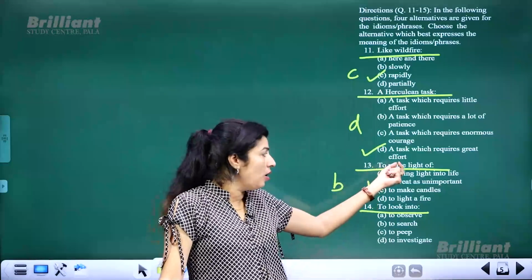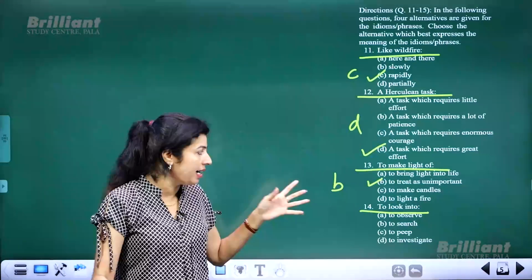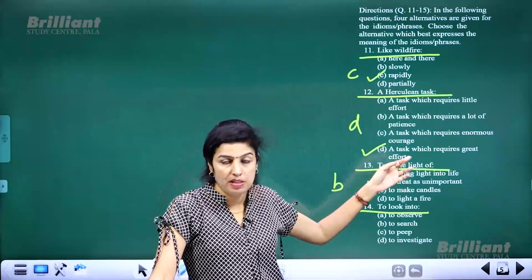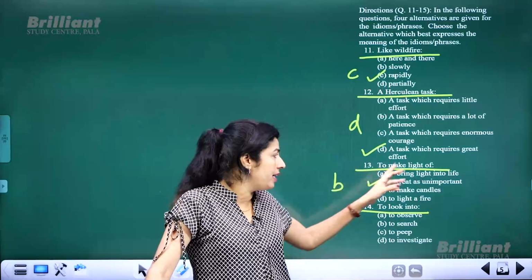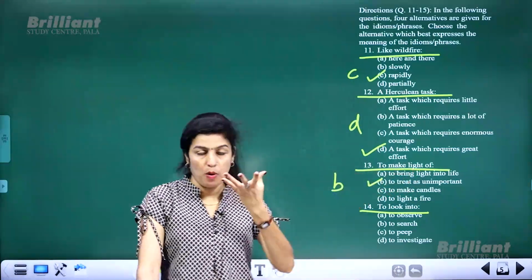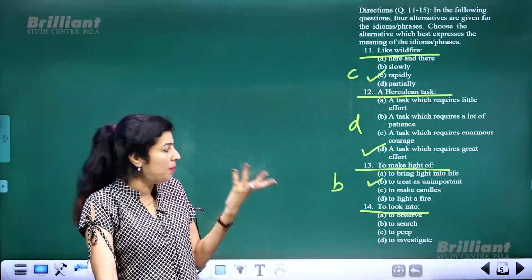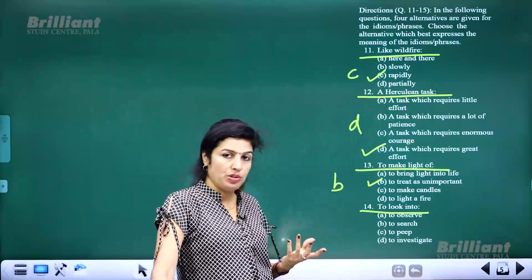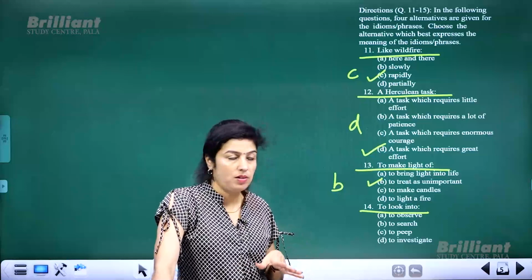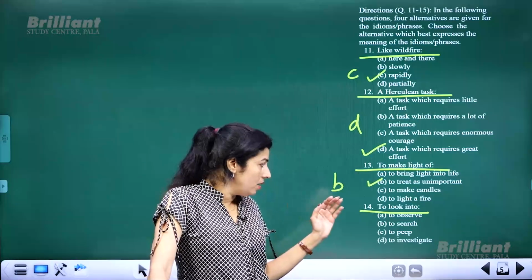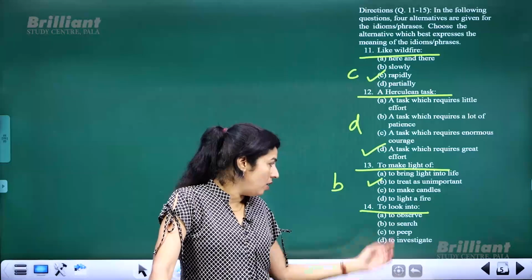Do not get confused with the word light as something bright or shiny, just like the first option, which is a bit misleading, right? To bring light into life. Definitely you will take the meaning of light as something positive, like radiance or glittering or shining, but that is not the word light used here. It is just something less important. Not to make candles or to light a fire.